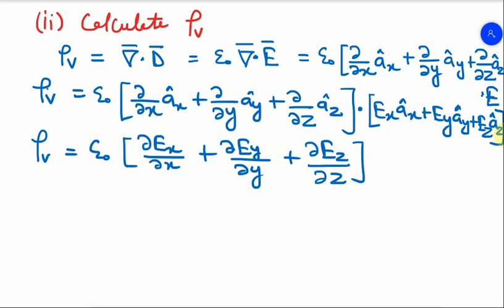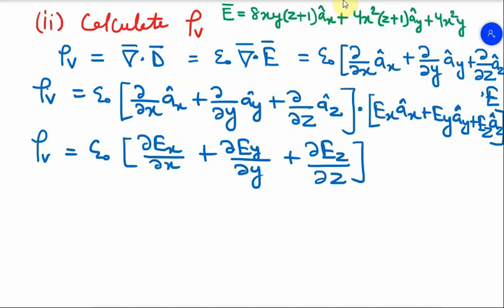Now what is E? E is known to us. Let me write it: E is (8xyz plus 1) ax plus (4x square z plus 1) ay plus 4x square y az.